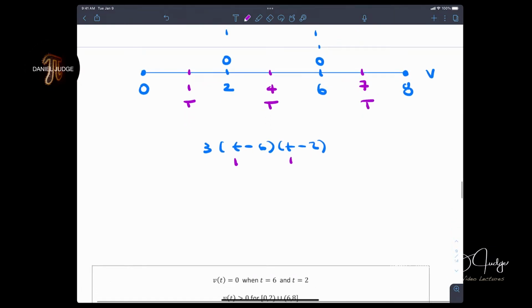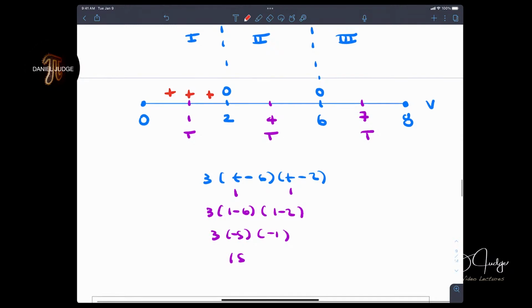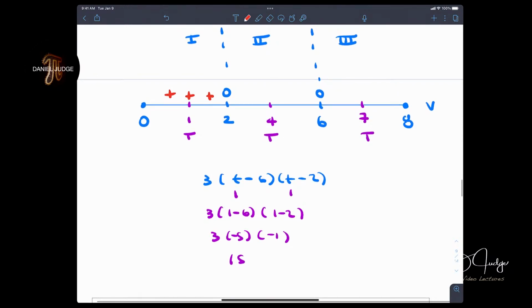We get 3 times 1 minus 6 times 1 minus 2, 3 times negative 5 times negative 1, which gives me positive 15. So region 1 is positive.